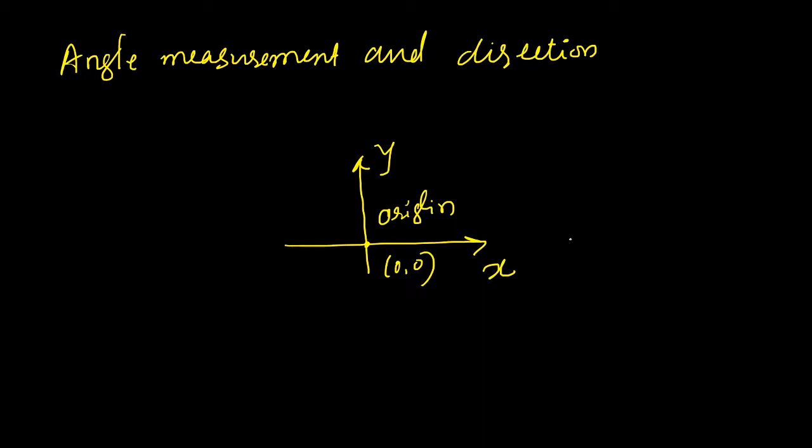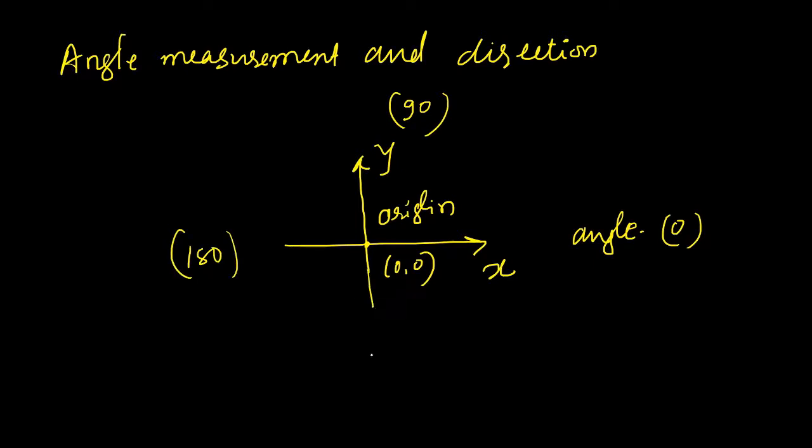Now the angle measurement will start with respect to the right hand side direction here. Here the angle is 0, here the angle is 90 degrees, here on the left side the angle is 180, on the down side the angle is 270.